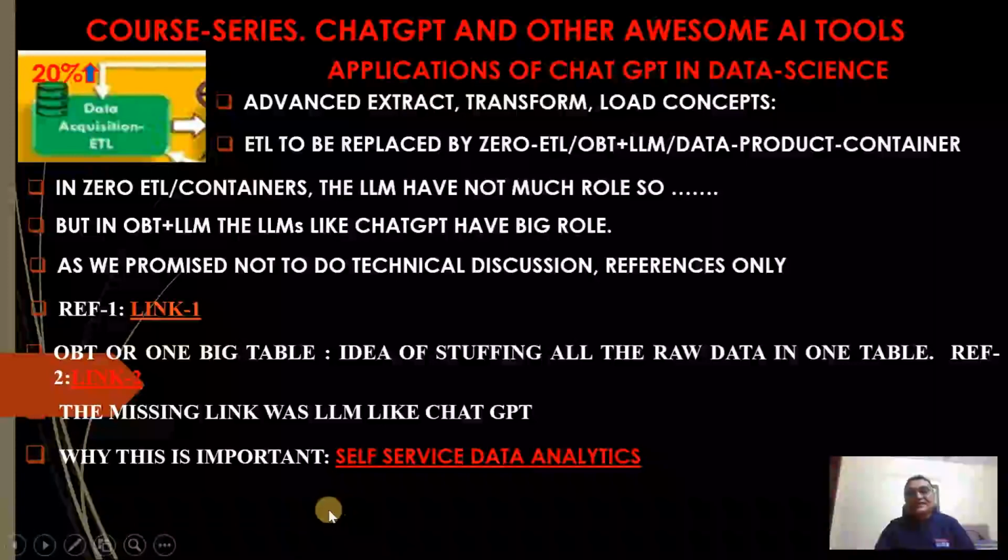All those things can be avoided completely, but the risk with this zero ETL technology is that any of these three will completely require a total revamp of the data infrastructure. Data scientists will always welcome this kind of idea, but data engineers sometimes may not like it. So it is going to be an interesting battle, and it will take some time.